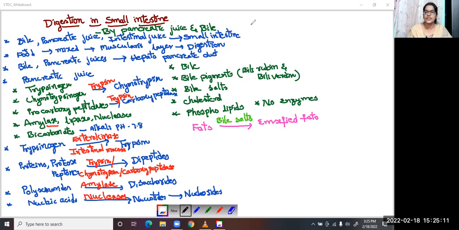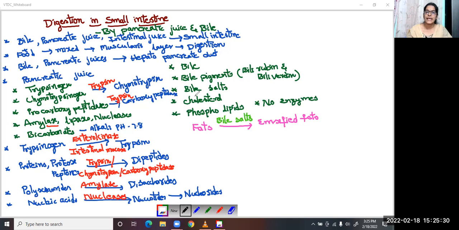So emulsification means breakdown of the fats into smaller micelles. So it is very important. So emulsification of the fats is done by the bile salts.